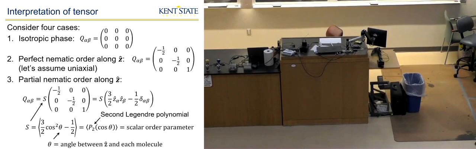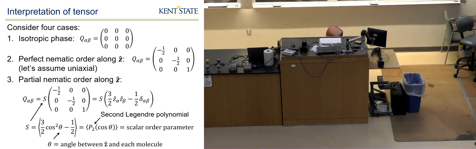So this thing for perfect nematic order gets reduced by a scalar called S, and that scalar gets the name of the scalar order parameter. And the interpretation of that is the average of this quantity, the average of 3/2 cosine squared of this angle minus a half.